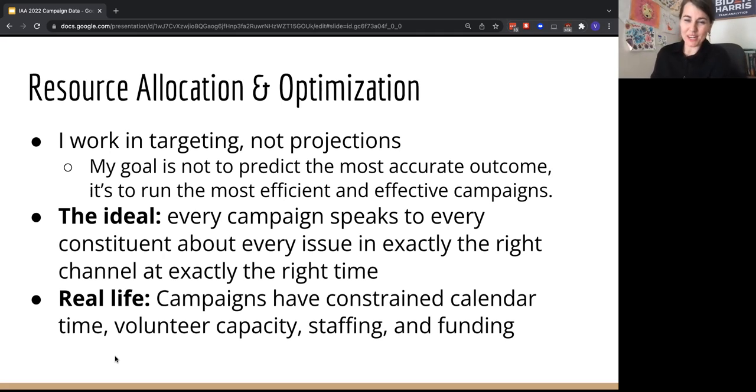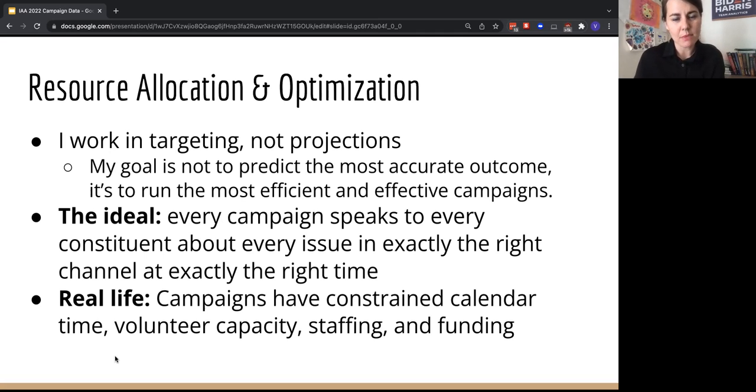Whenever people find out what I do, just based on the title, there is a lot of presumption that the focus of my work is to predict election outcomes. That is rarely my goal. There is some prediction that goes into our work, but it is to support our resource allocation decisions. It's not to know what's going to happen at the end of the day.